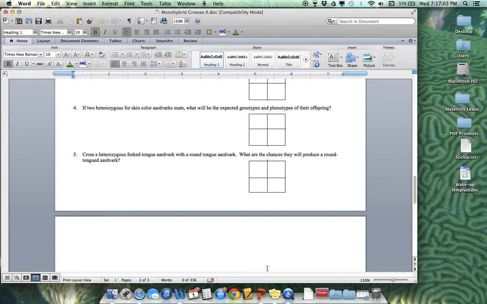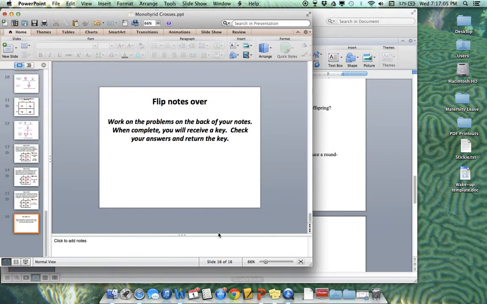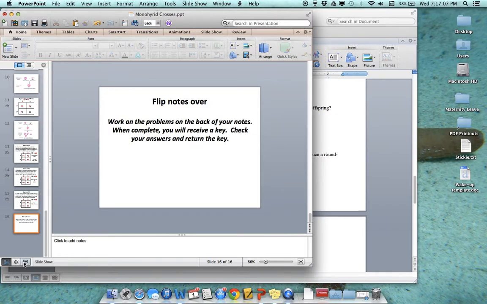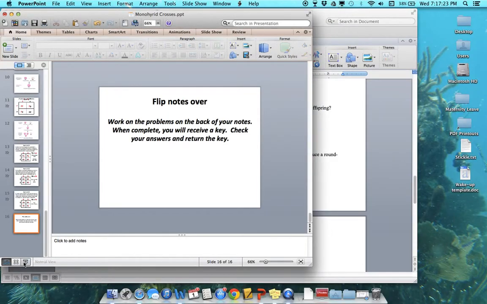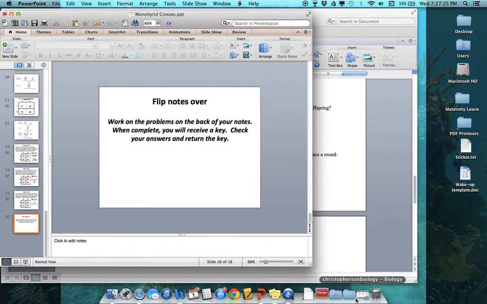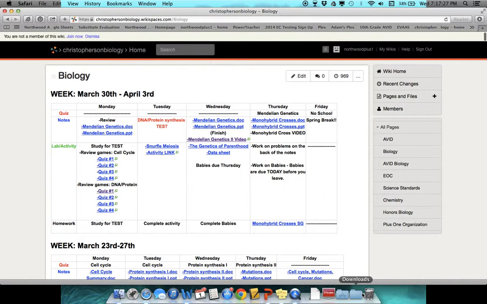When you are done, I made a key for you. Ms. Hartsock will give you a key, or however she wanted to work that out, and you check your answers. Please don't keep that key. You're going to check your answers and then give it back. Then we're going to move on to an activity. Well, not really an activity, it's just more work. This is kind of like math in that you just have to work problems to get it right.